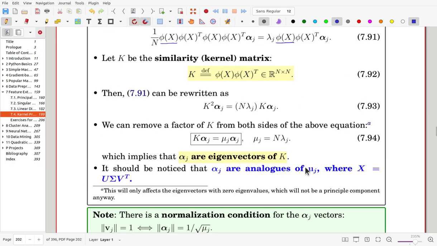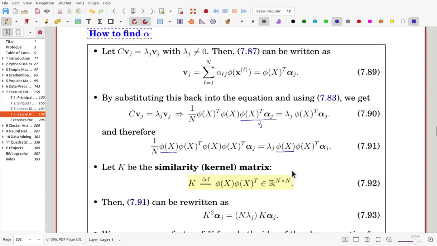If we start with v_j as the matrix, the transpose of phi matrix, times alpha_j, then the norm of v_j is 1.